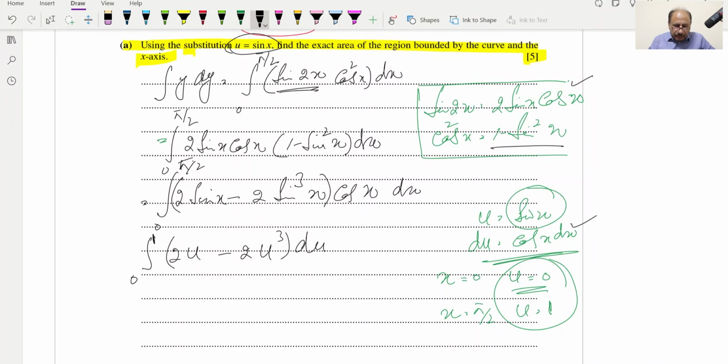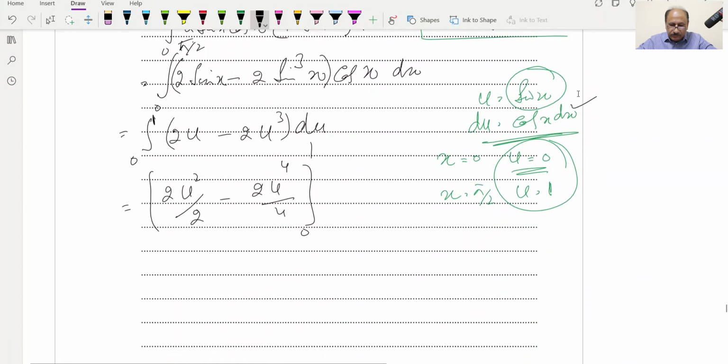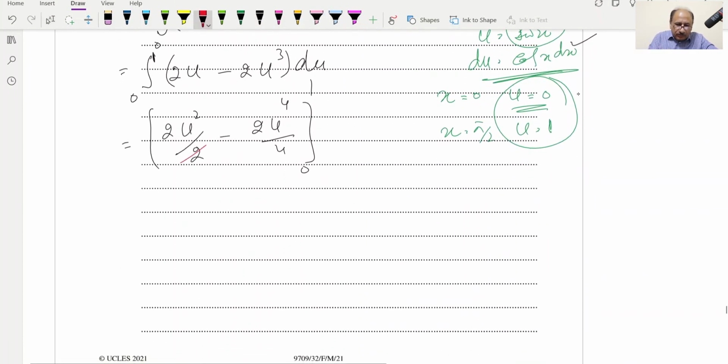Now we can integrate, and after integration it will be 2u squared divided by 2 minus 2 u raised to power 4 over 4, and limits will be from 0 to 1. Further we can cancel whatever cancellations are possible, so this will be u squared minus u to the power 4 over 2, from 0 to 1.